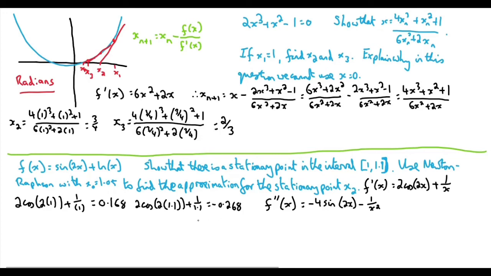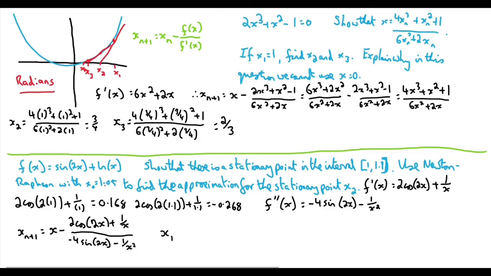Plugging these into our Newton-Raphson method, we get that the next x value along is going to be x minus 2 cos 2x plus 1 over x, all over minus 4 sine 2x minus 1 over x squared.